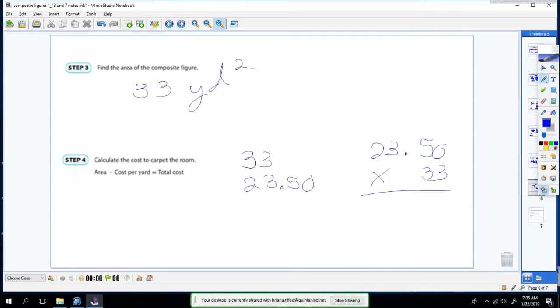And you multiply it like that, and then you get 775.50. Okay. That's how you find the area of a composite figure, plus another step to find the cost of it.